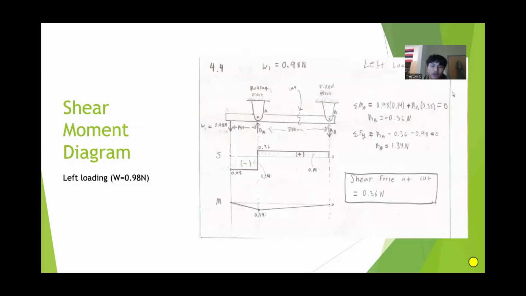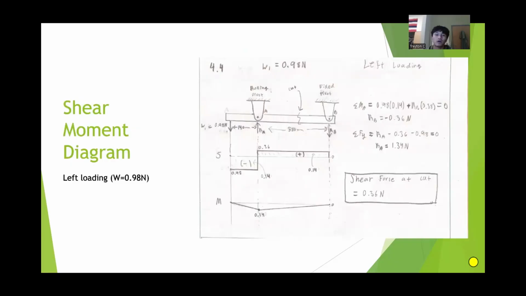This first diagram shows the weight on the left equals 0.98 newtons. That will change how the shear looks on the graph at the cut.